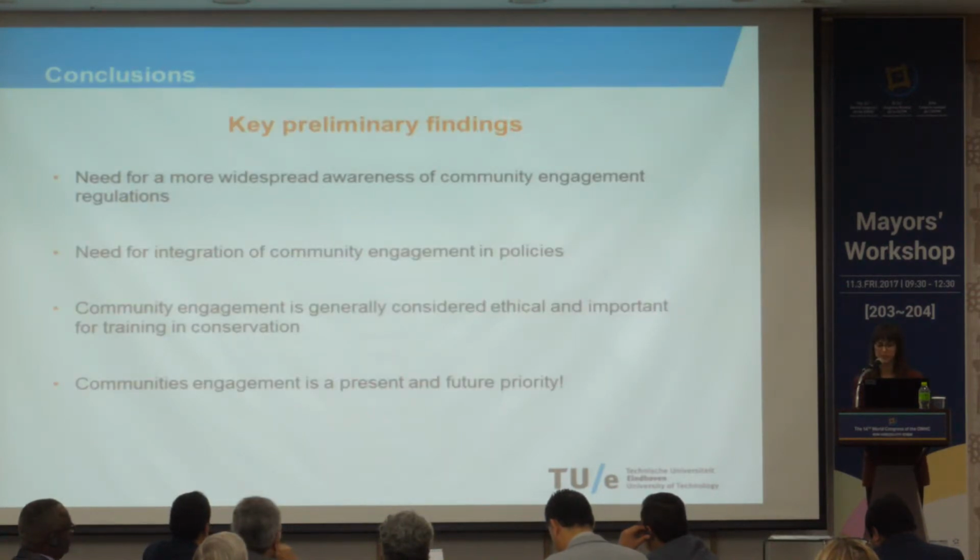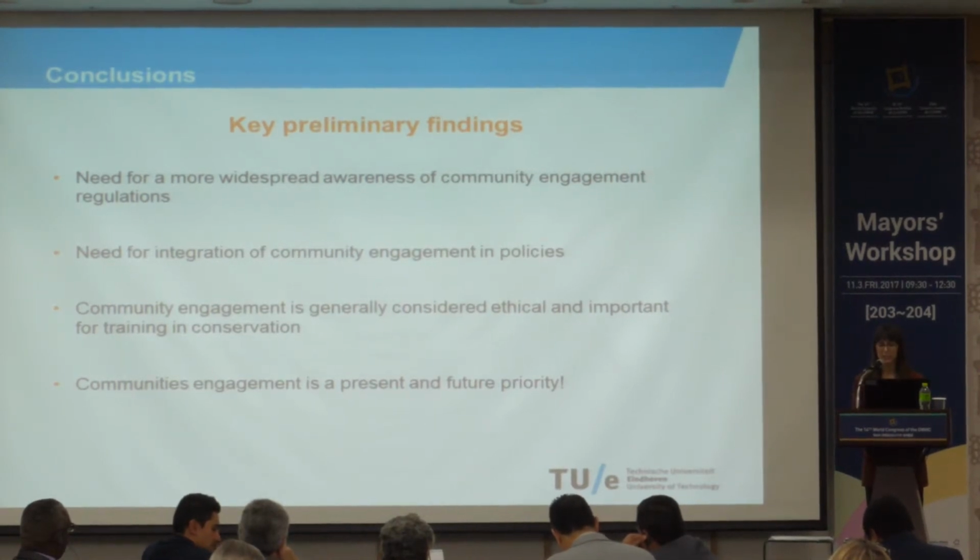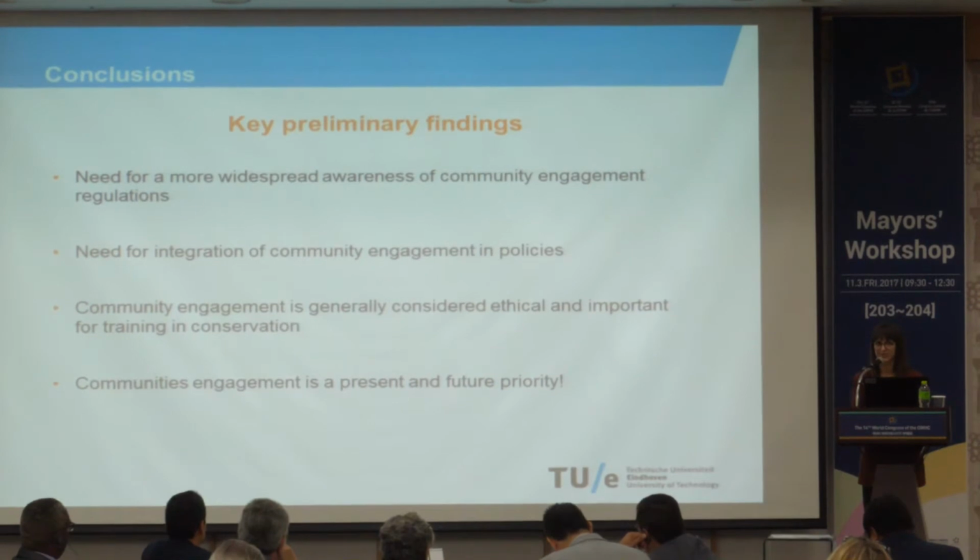So some key preliminary findings are, we repeat them, need for a more widespread awareness of community engagement regulations, need for integration of community engagement in policy. Community engagement is generally considered ethical and particularly important for training in conservation. And community engagement is a present and future priority.